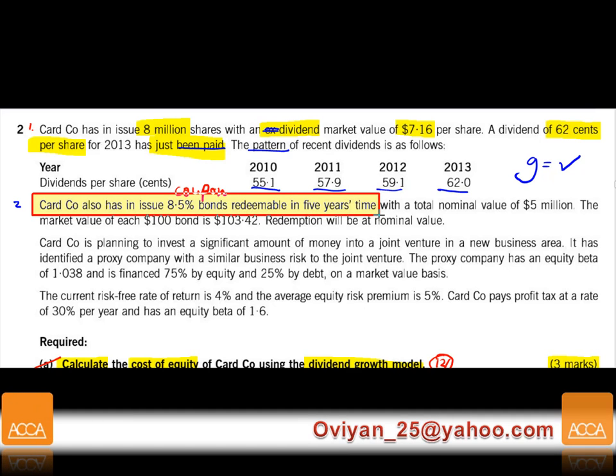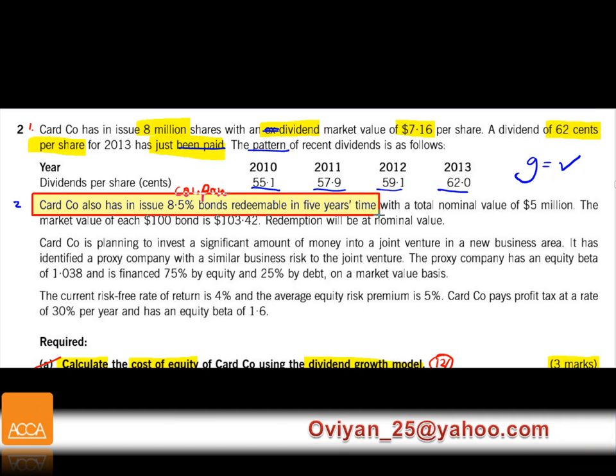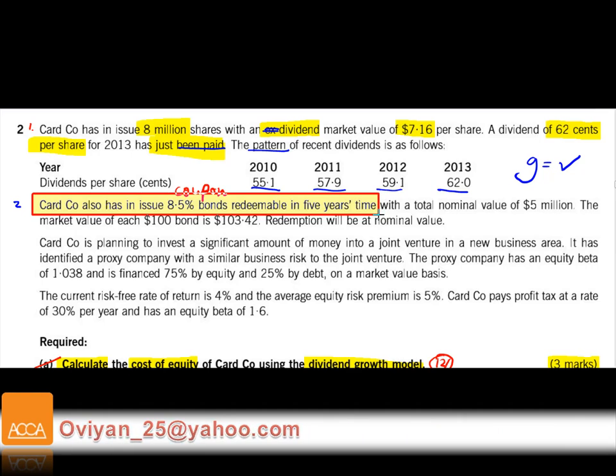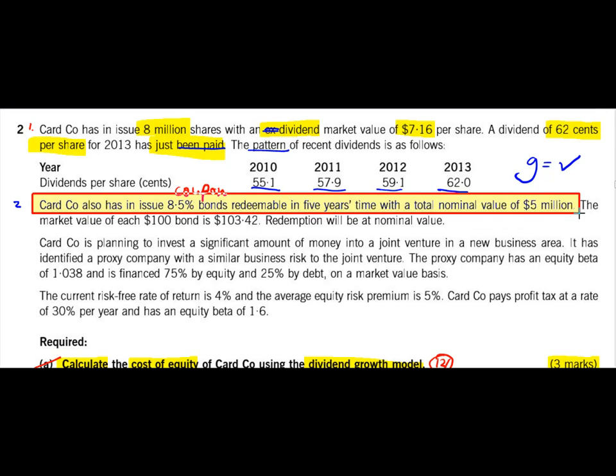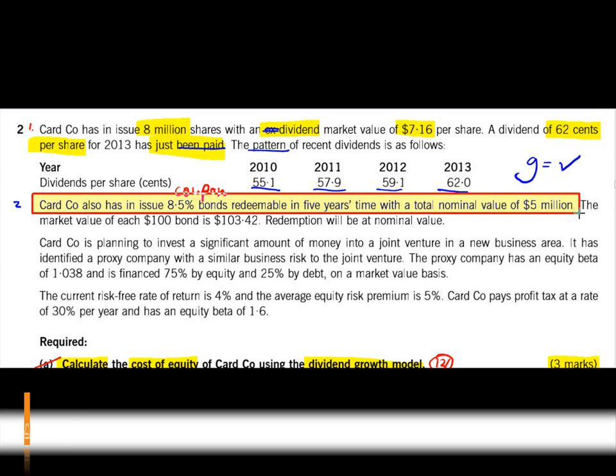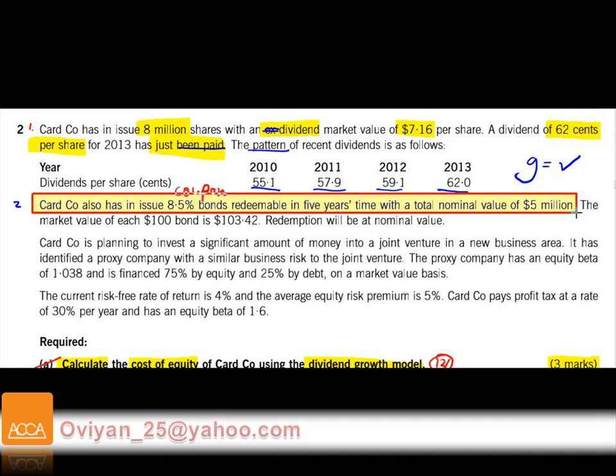You're going to have some complications finding the KD in this case, with a total nominal value of 5 million. Nominal value is the value in your balance sheet, 5 million, not the market value.